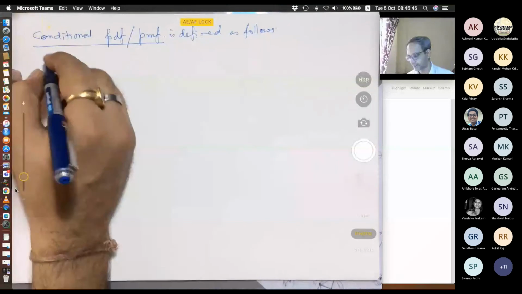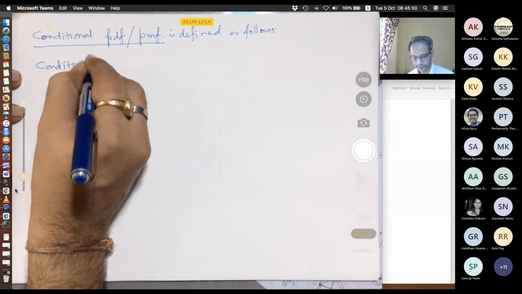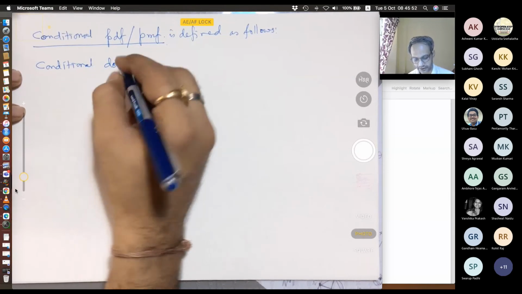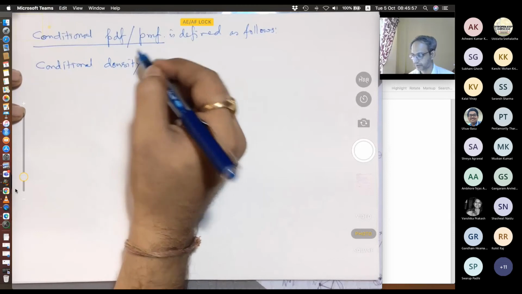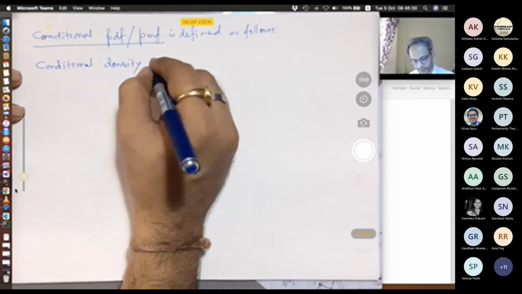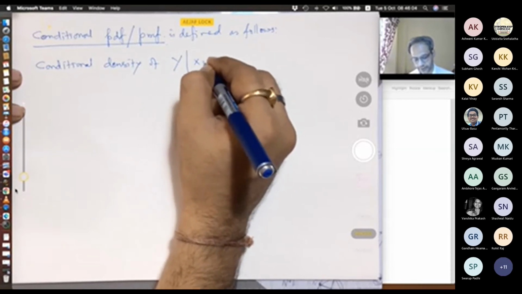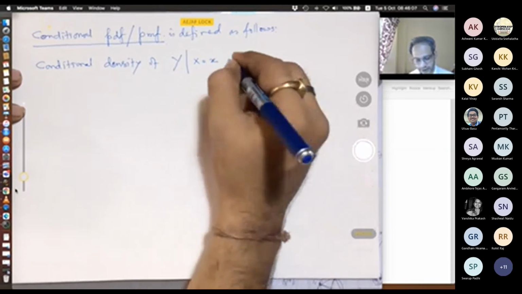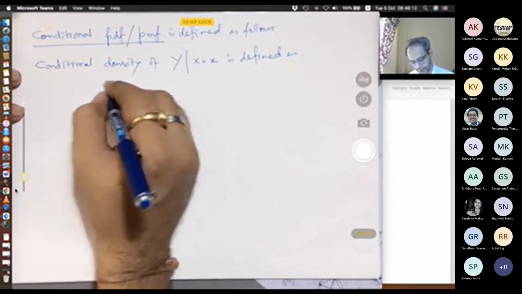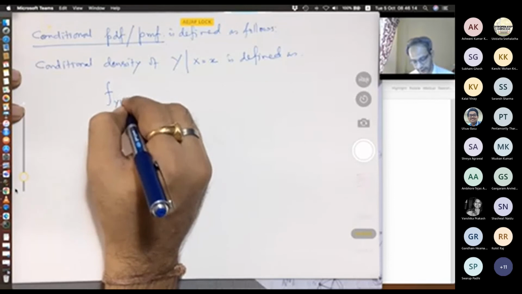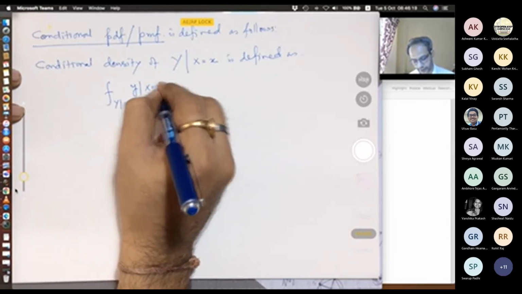So the conditional density of Y, I am writing density in general, so you consider either PDF or PMF, whatever it may be, of Y given X equals small x is defined in this way: f of y given x.